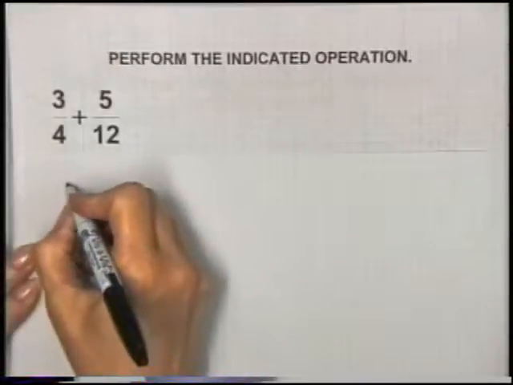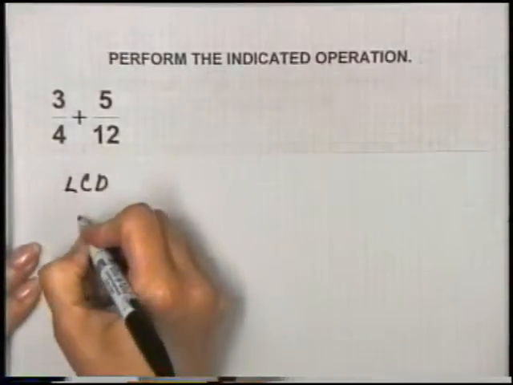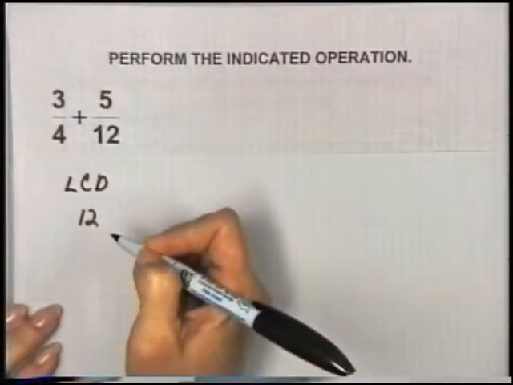Remember, the least common denominator is the smallest number that each denominator divides into evenly and is referred to as the LCD. The least common denominator for 4 and 12 is 12. So let's write LCD 12.